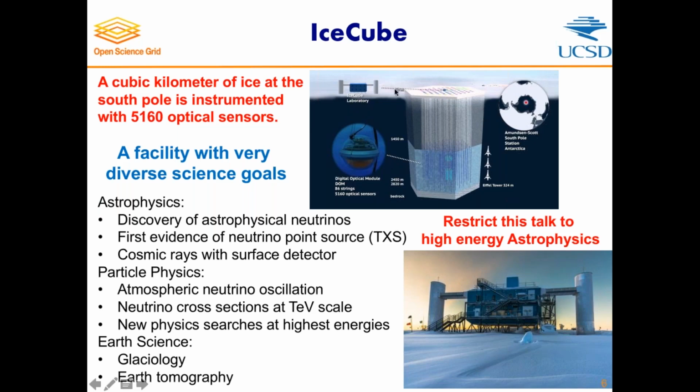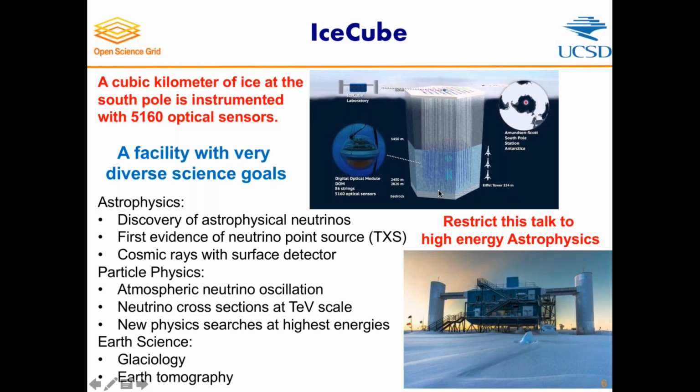And then there is a set of strings that go into the ice. There is about 1.5 kilometers of uninstrumented ice, and then deep down between 1.5 and 2.5 kilometers inside the ice is the instrumentation.